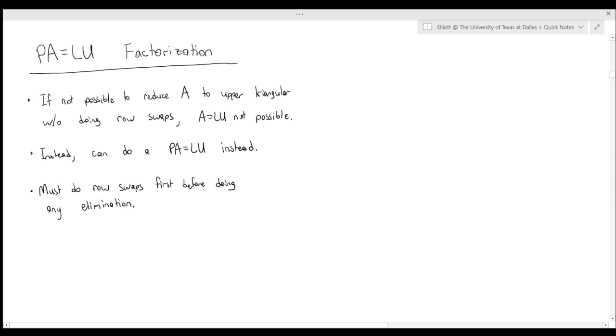If you don't do them first, if you do them last, you don't get a PA equals LU, you get something slightly different. So just be sure you do the row swaps first to get PA equals LU specifically, okay?